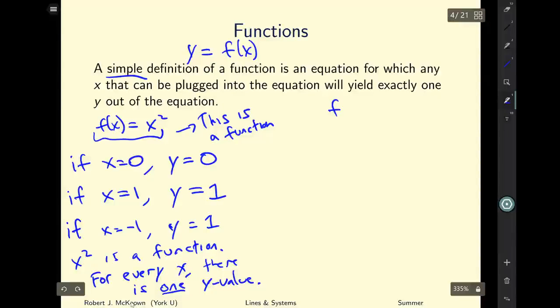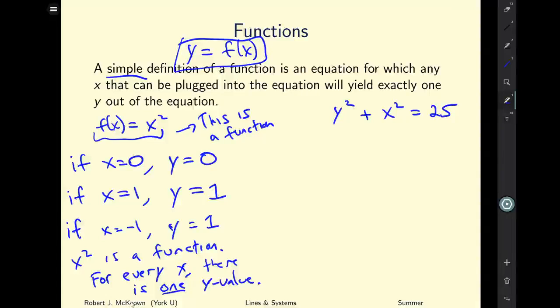What if I have y squared plus x squared is equal to 25? Well, I've got y is equal to a function of x, so why don't I rearrange this and isolate y on one side so that it looks like the function I showed you on the left-hand side of the screen.